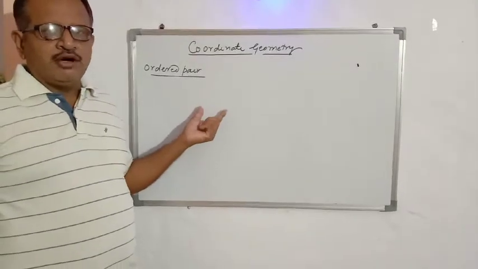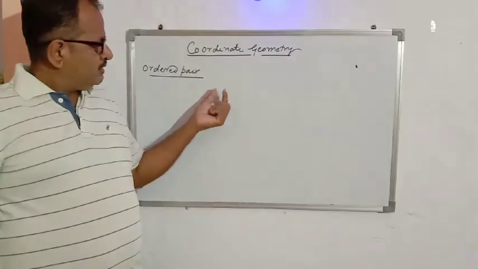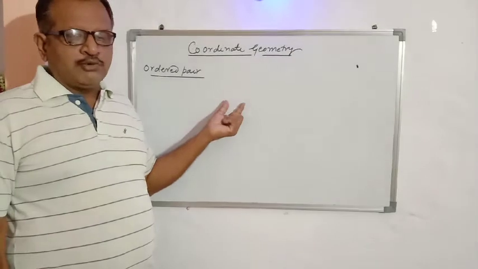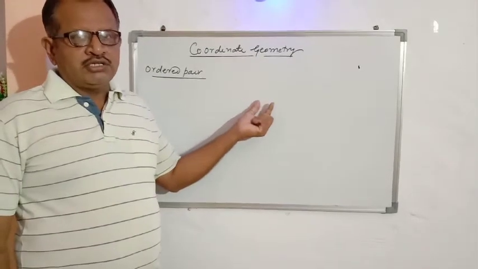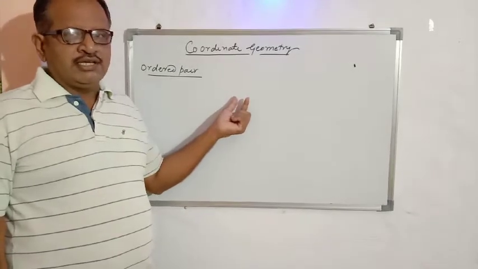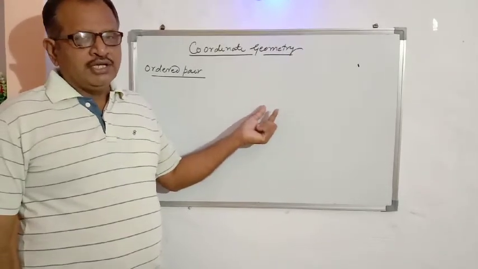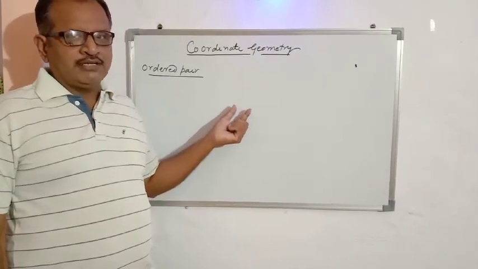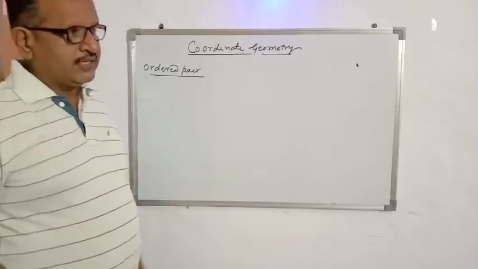When we take two objects separated by comma in the small bracket, then it is called an ordered pair. Two objects taken together in a specific order. We write both objects separated by comma in the small bracket.